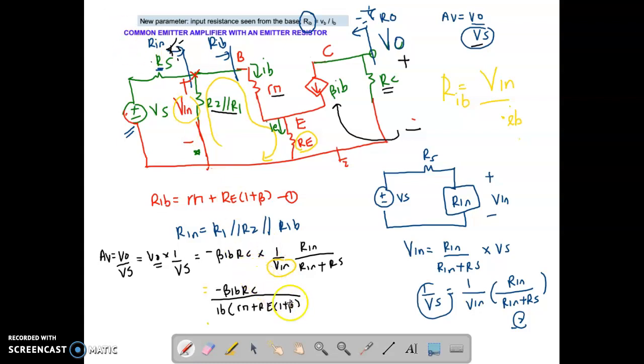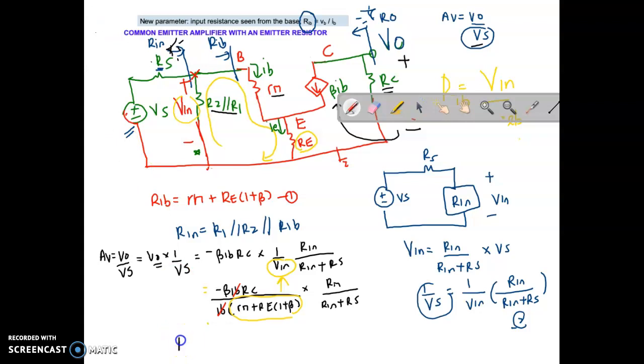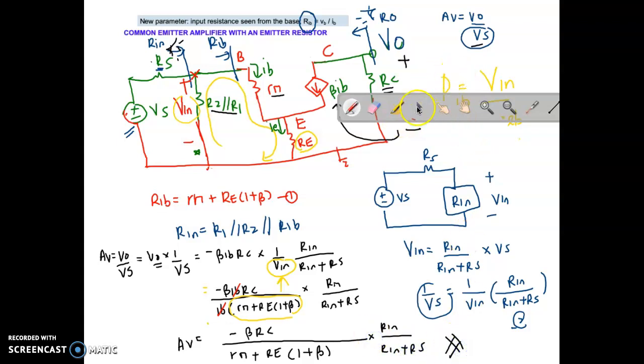So this whole here is actually your Vin. Just multiply by Rin divided by (Rin plus RS). Now you can cancel your IB. From there, you can calculate your AV. The gain is actually minus beta RC divided by (Rπ plus RE (1 plus beta)) times Rin divided by (Rin plus RS). So the equation is derived.